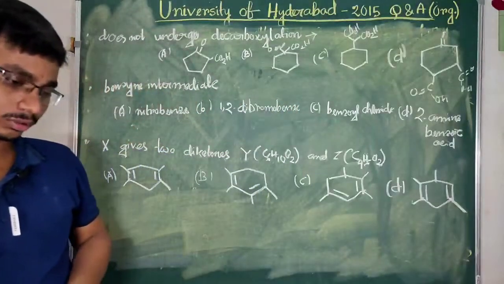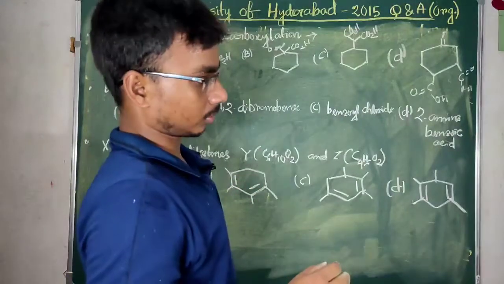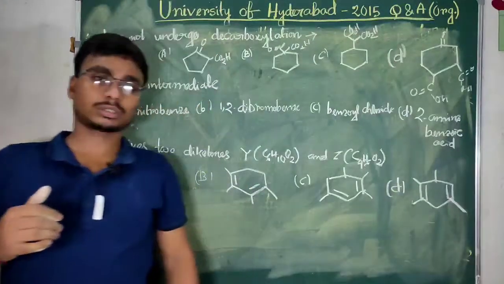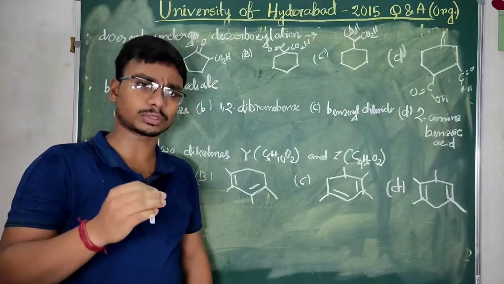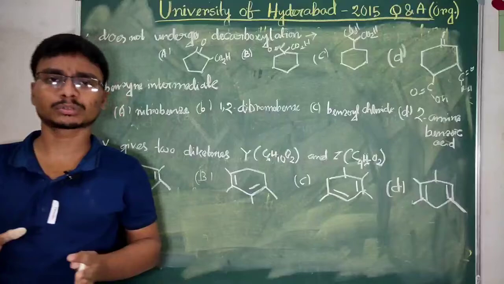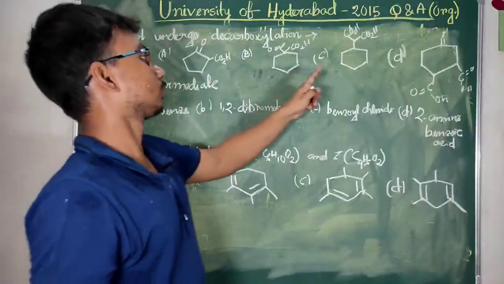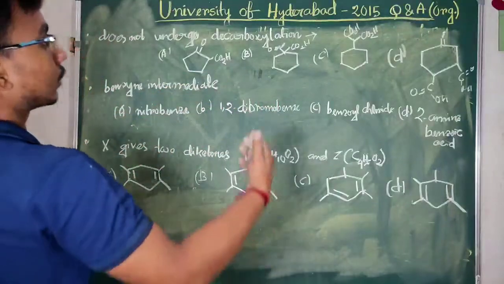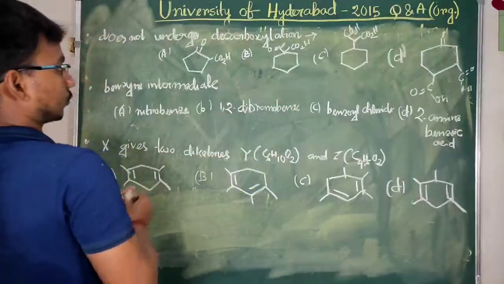Listen, after decarboxylation a negative charge is generated. If the negative charge is delocalized properly, then the compound will be stable. We have to look at whether the negative charge is delocalized properly or not after decarboxylation.